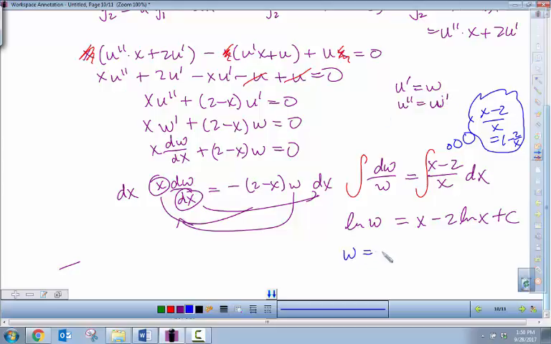So w is going to equal e to all this mess. So I'm going to move the 2 over to the denominator, the negative also. And then this will give me e to the x times x to the negative 2 times e to the c, which we'll just call another constant.